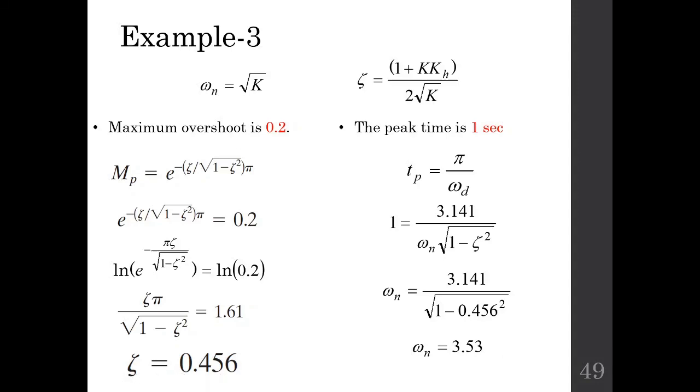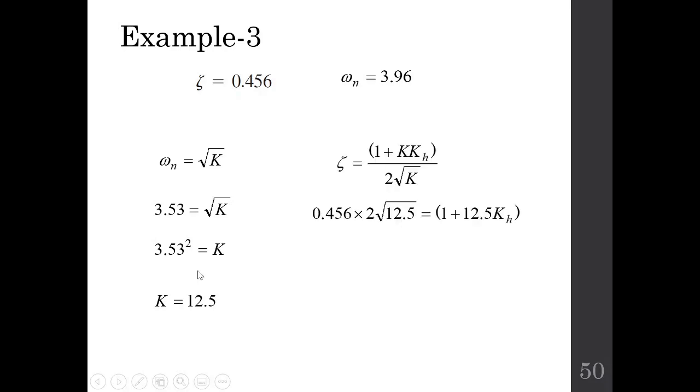By using these two values, that is zeta and omega n, we need to find out K, and we know that omega n is equal to under root K, where omega n is equal to 3.96. By putting the value of omega n equal to 3.96 in this equation, we can find out K, which is equal to 12.5. Next, we need to find out the value of Kh.